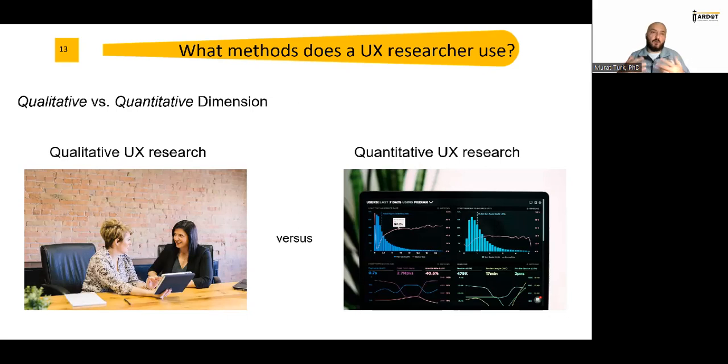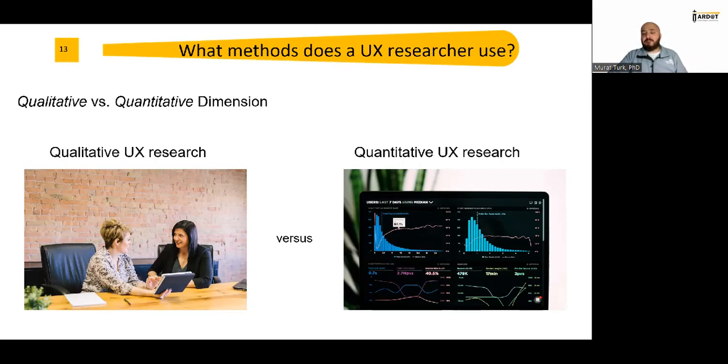Task success or completion rate, what is the proportion of people who successfully completed the tasks, or whether the user has clicked on a certain button on an interface, or whether they gave a certain response to a certain multiple choice question in a summative UX satisfaction survey. So these are all quantitative UX research methods.